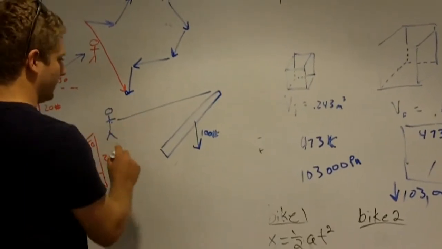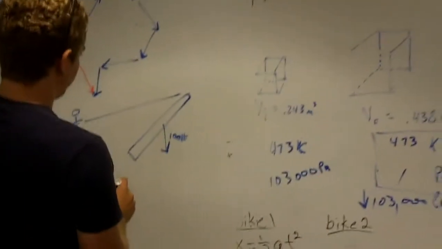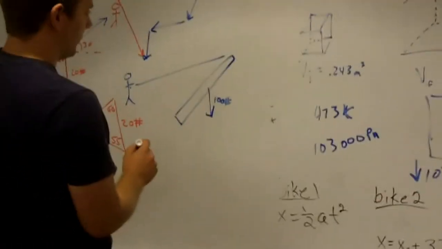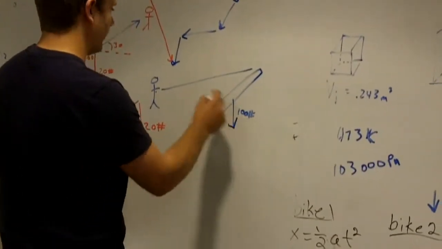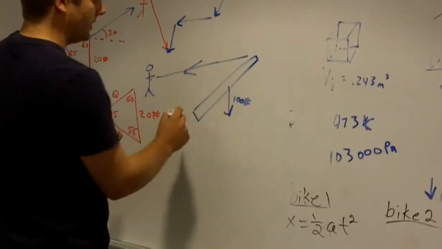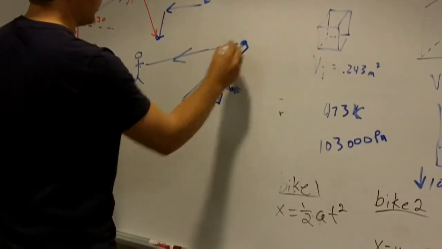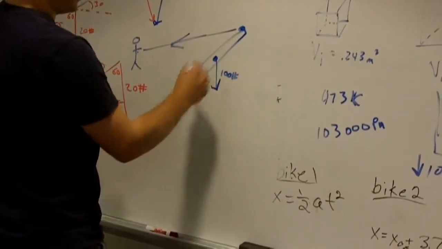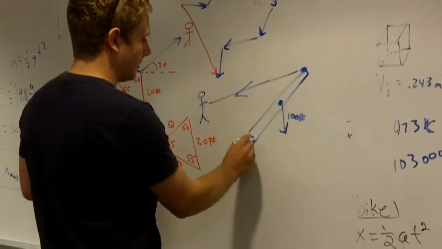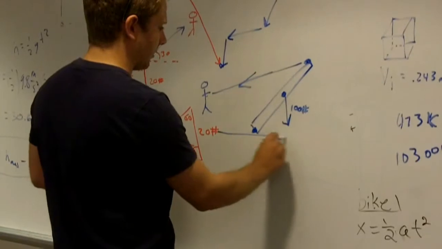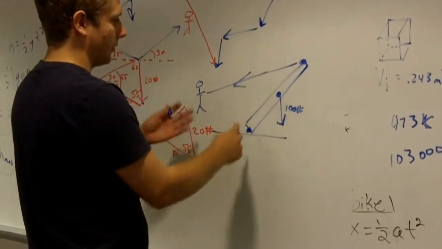So you've got this arrow here, you got this guy pulling here, and you know that's acting at this point, and that's acting at this point. You got some other forces on the paper, and here's the pivot down on the ground, so that's where one of the forces is.